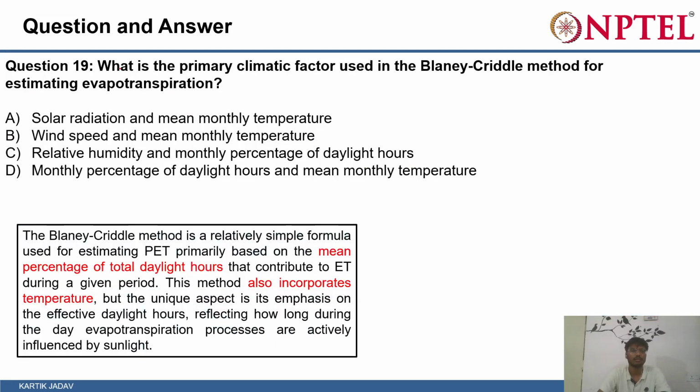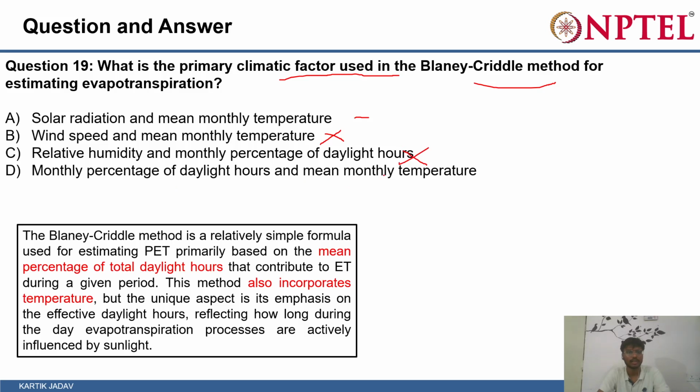Question number 19. What is the primary climatic factor used in Blaney-Criddle method for estimating evapotranspiration? We have shown this in the last slide also. Solar radiation and mean monthly temperature; wind speed is not used, and relative humidity is also not required. Mean percentage of daylight hours and mean monthly temperature.